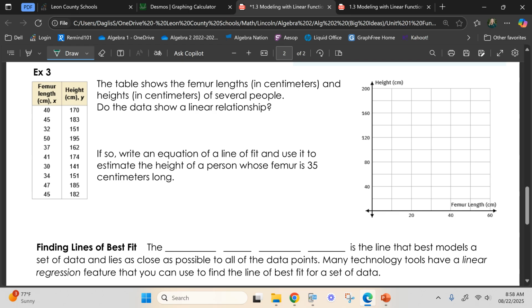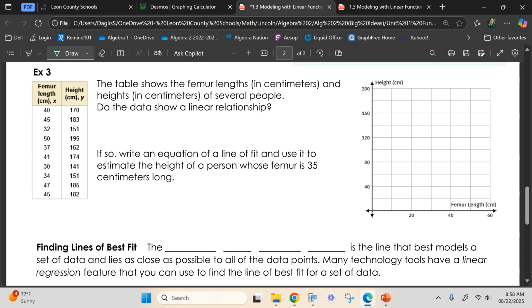So do you think the taller your femur is, the taller you are as a person? You think as that grows, as your leg grows, your height grows? Logically, does that make sense? Okay, let's see if the data shows that. So in our head, we're like, yeah, that should totally be a thing. Well, let's make sure.